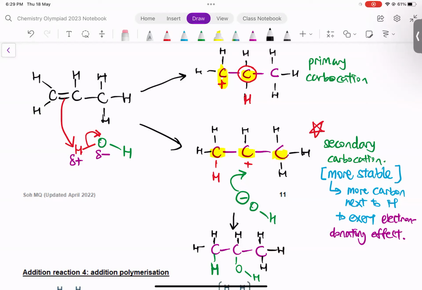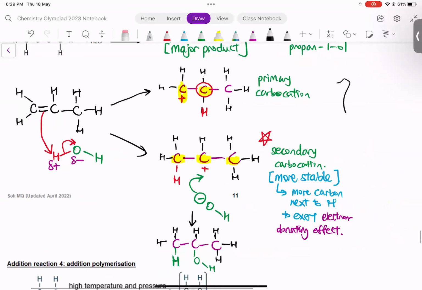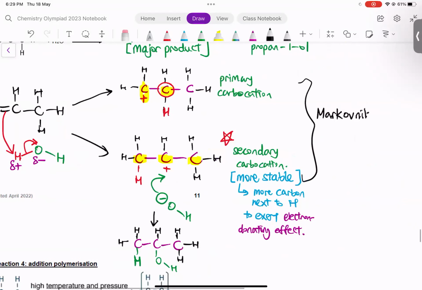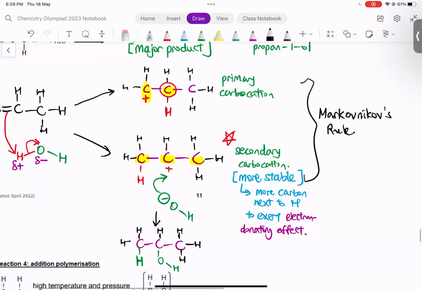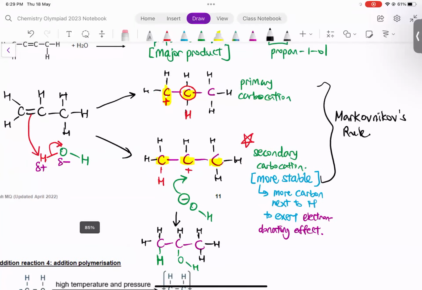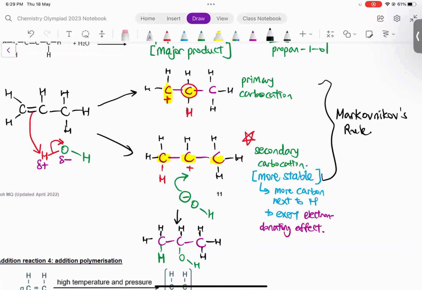Now, this concept that the secondary carbocation is more stable actually has a name. This rule is called Markovnikov's rule. It's named after a Russian scientist, Markovnikov. Markovnikov basically stated that whenever you have an asymmetric alkene like propene, the hydrogen will always add to the carbon with more hydrogen originally.